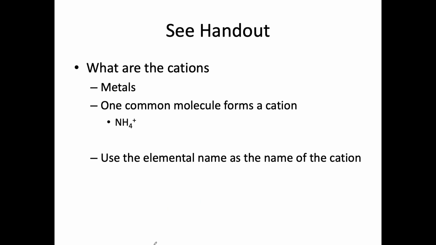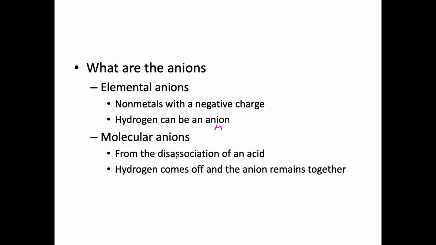Now, when we talk about names, we don't have the handout here. Go back to your notes from last year. Cations are metals, and you've got a common molecule that forms one cation, NH4 positive. Except for ammonia, this is ammonium. That's the name of this compound.